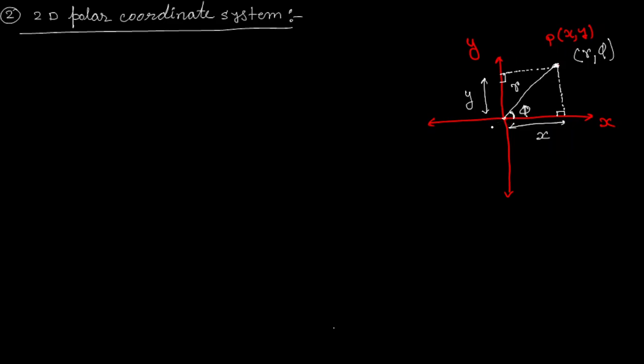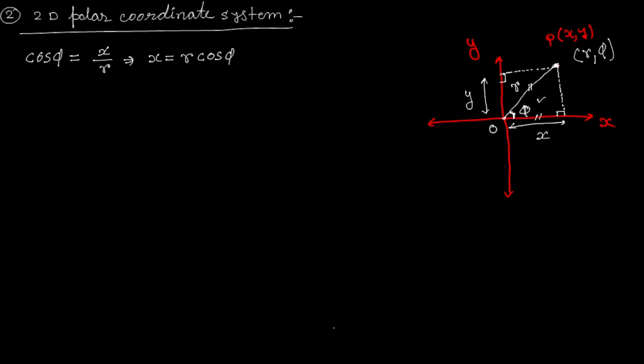So if we want to write the value of cos phi from this right angle triangle, how can we define cos phi? Cos phi is equal to base upon hypotenuse. So base is x and hypotenuse in this case is r. So we get x is equal to r cos phi.